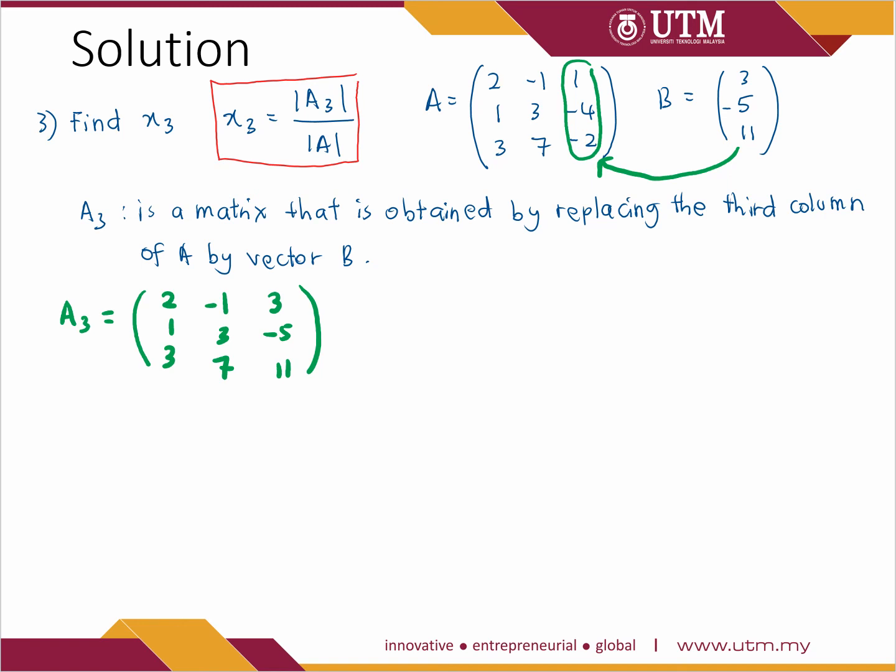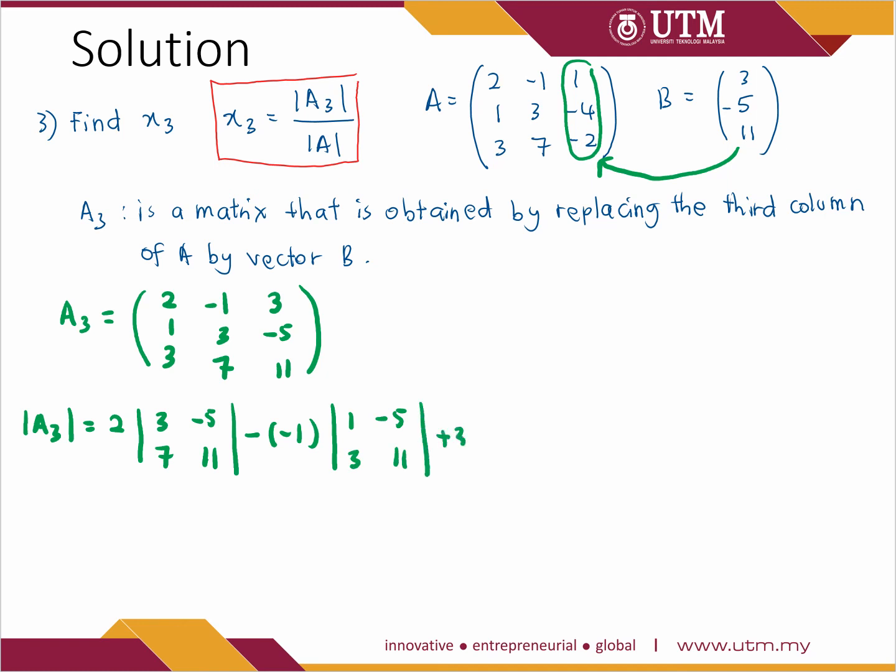So next is finding the determinant of A3. The first one will be 2 times the matrix 3, negative 5, 7, 11, and then minus negative 1 times the matrix 1, negative 5, 3, 11, and the last one is plus 3 times the matrix 1, 3, 3, 7.